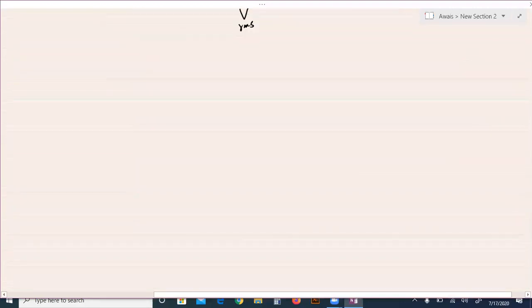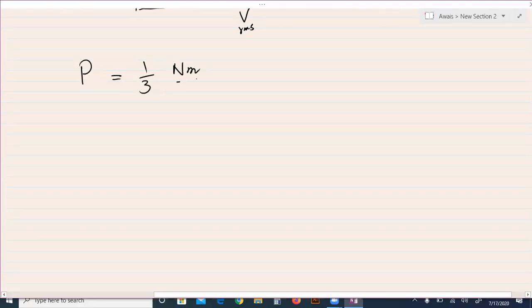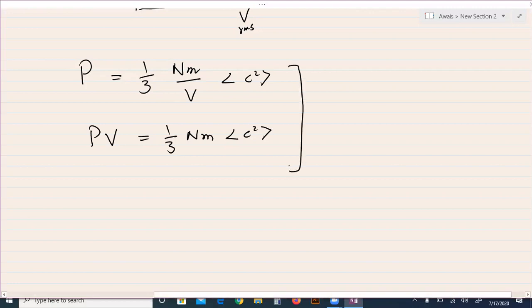Now, the formula is 1 by 3 Nm over V into mean square speed. We have derived this. So it can be written as pressure into volume equals 1 by 3 Nm mean square speed. Now this is the formula for the ideal gas, and the ideal gas obeys all gas laws, which is PV equal to nRT.